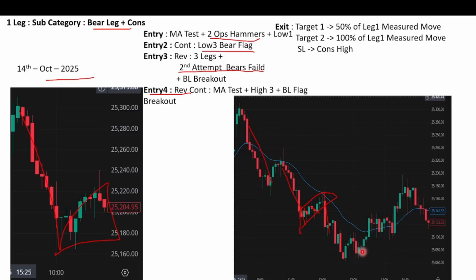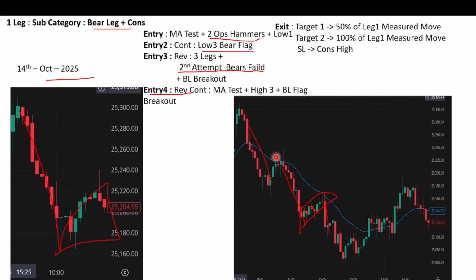And for the buy trades you can take the 50% of the previous leg. Even if it is a bear leg, you can take the length of this leg and expect 50% of the points that this leg contains as your target 1 and 100% of the points as your target 2, and SL for bear trades is this pullback or consolidation high.